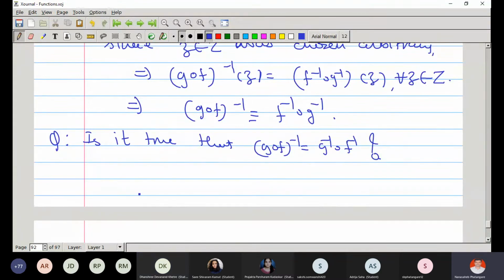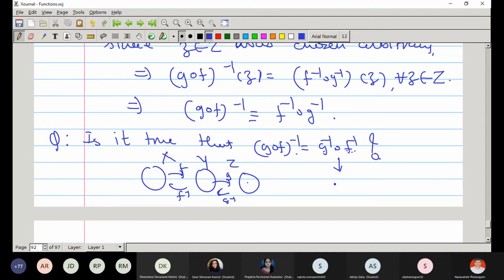The domain of (G composite F) inverse is Z, but for G inverse composite F inverse, first we apply F inverse, so the domain is Y, and it maps from Y to X. But G inverse is not defined on X. So this is not possible, because these two are not equal.